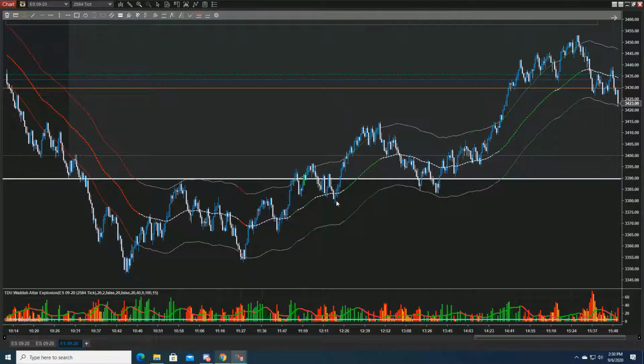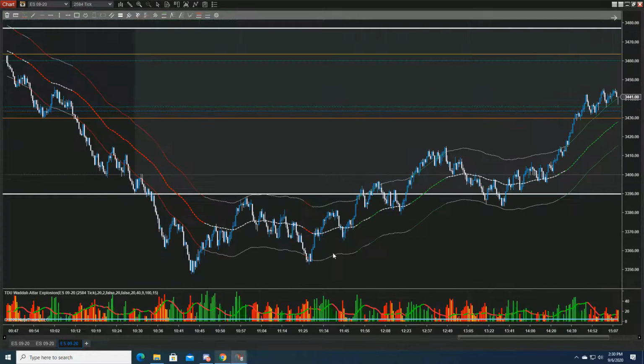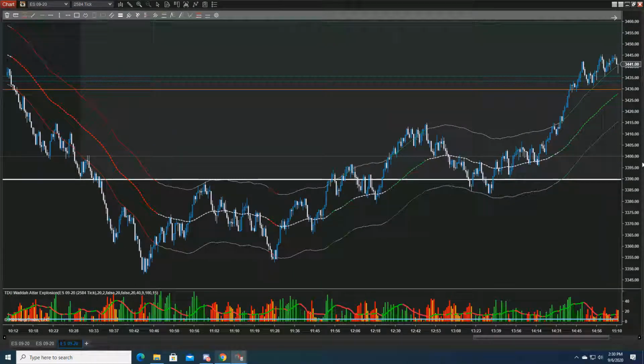So this can be something that you would use to filter out trades on a shorter time frame, or if you're comfortable with scalping, and this may take a little time to get comfortable with, when we get outside of the bands and then we come back in, just to demonstrate this.